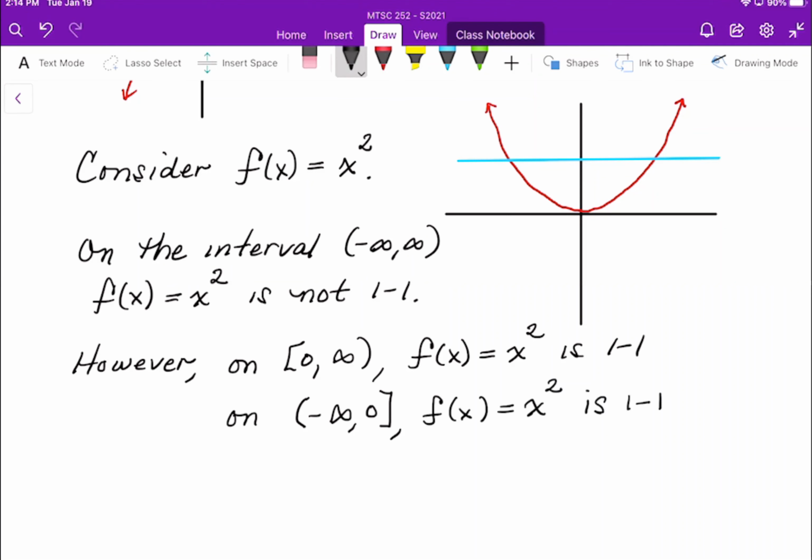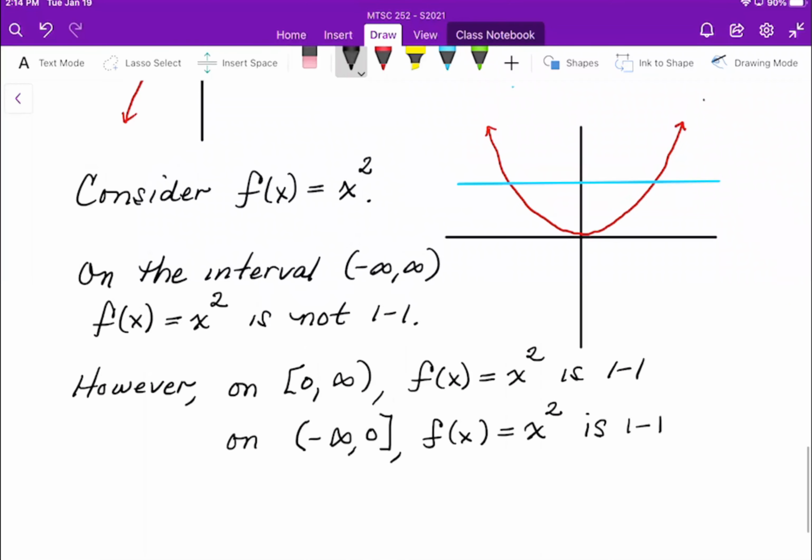Any questions about that? So if you put your hand down and cover the second and third quadrant and only look at that first quadrant, you can see that from 0 to infinity, it passes the horizontal line test.